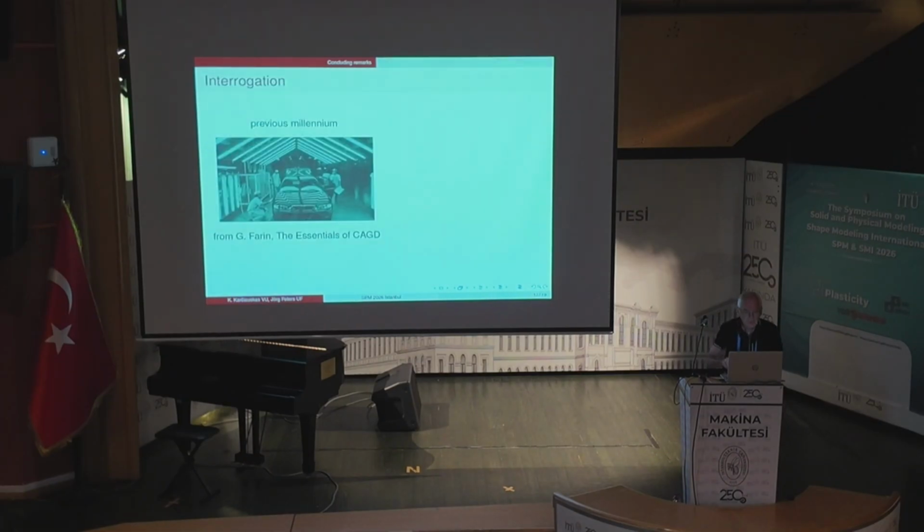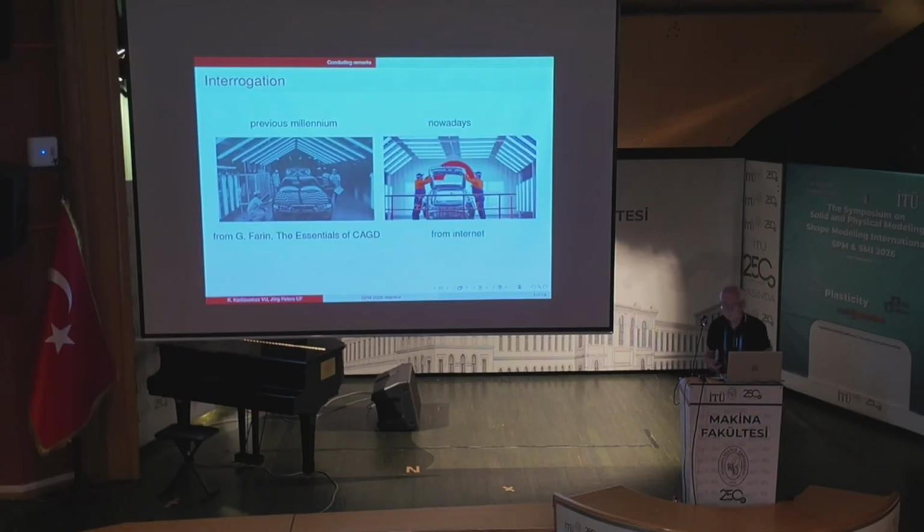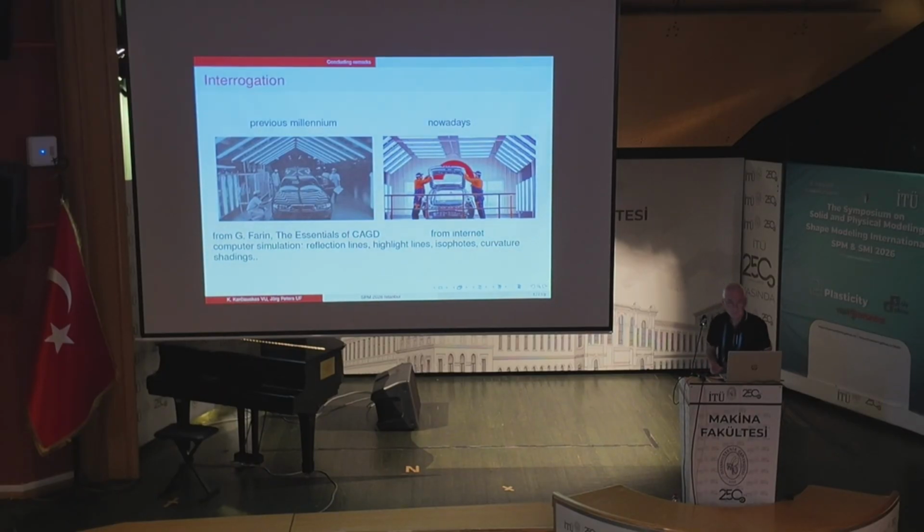Now, concluding remarks on how the final stage in production was done earlier. Nowadays the principle is the same. No doubt we use computers for developing the schemes, so we also have additional options like curvature shadings and so on.